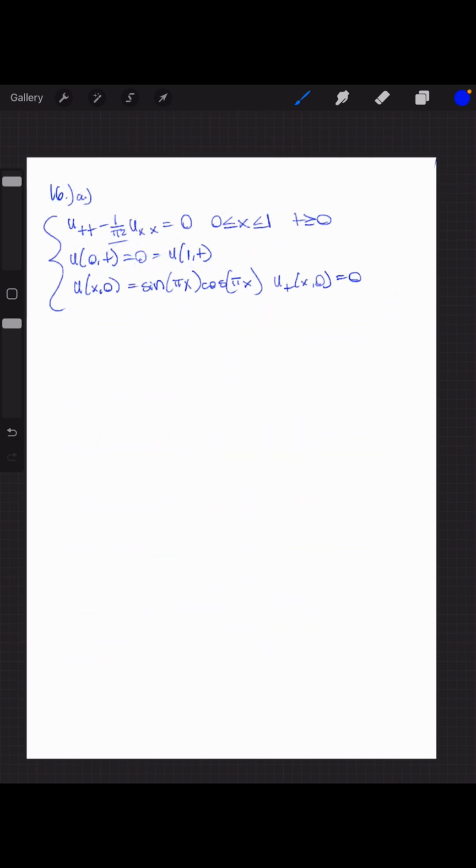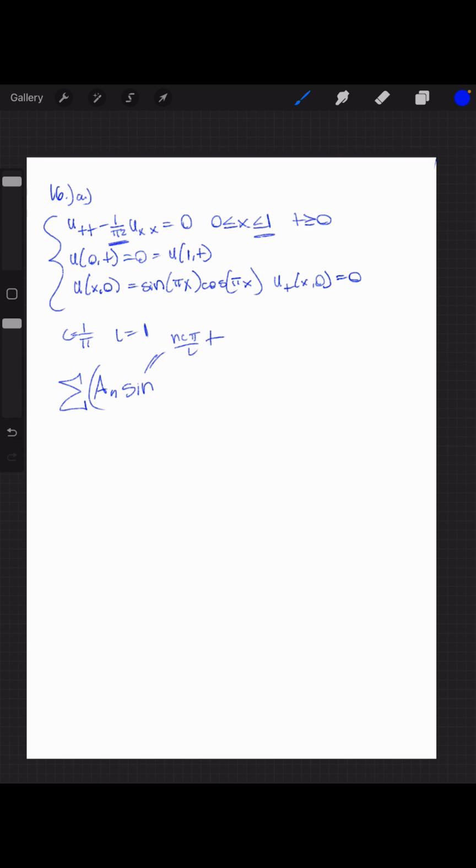Now we will solve for 16a using the separation of variables method. If we substitute, c in our equation is 1 over pi, and L right here is going to equal 1. So when we write the equation, we could say a_n, sine, and then in here would be n c pi over L times t.